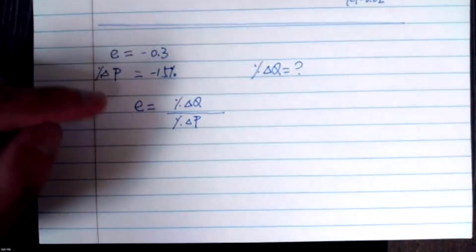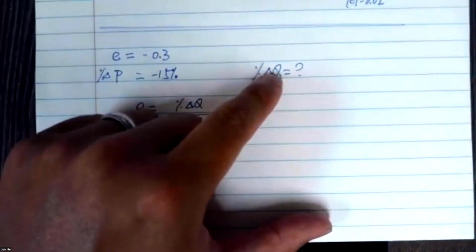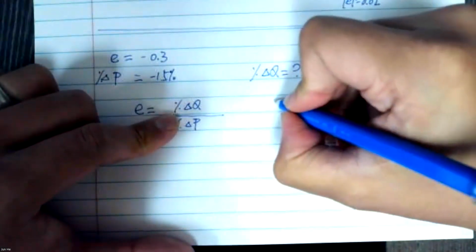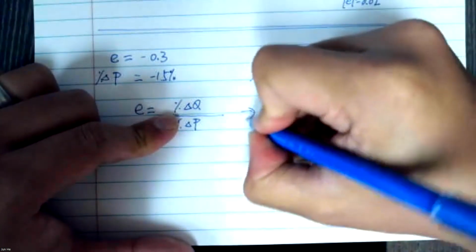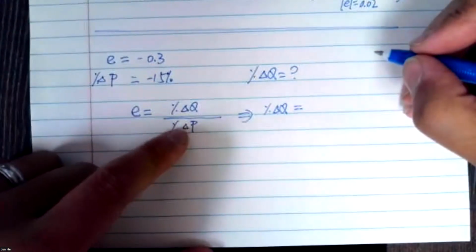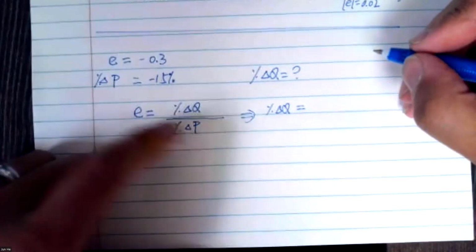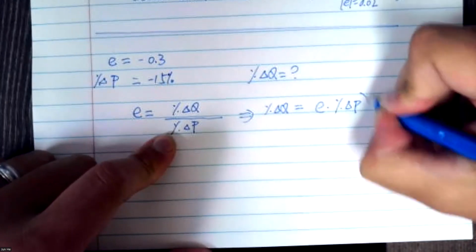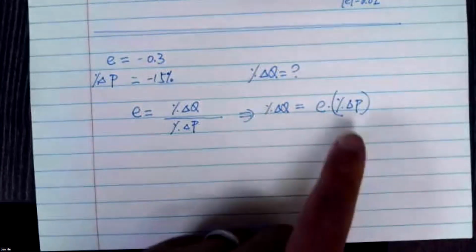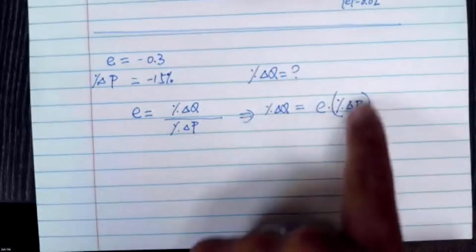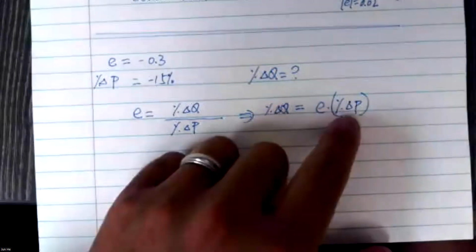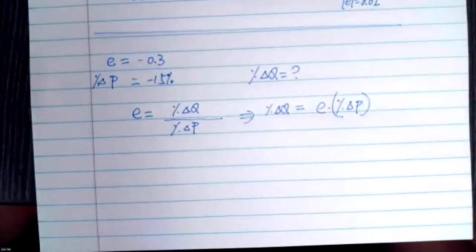And here, what we need to do is just to work out the percentage change in Q, which was the numerator. So here we keep this numerator. And what we do is we multiply the bottom to both sides of the equation. So we have E multiplied by percentage change in P. Just in case you get confused, you can put a parenthesis around the percentage change in P to tell yourself the entire thing is only one term.